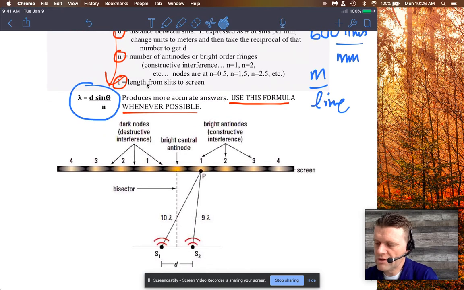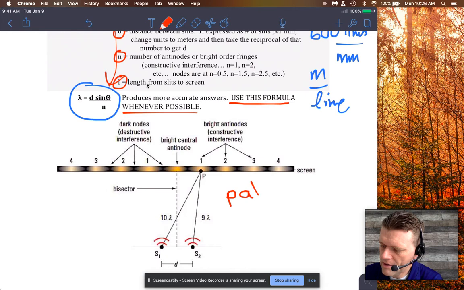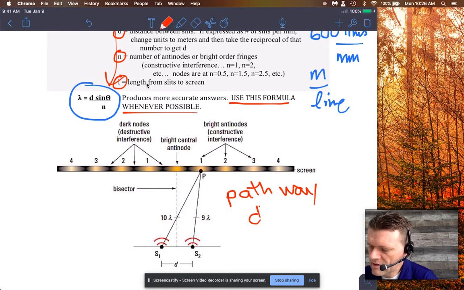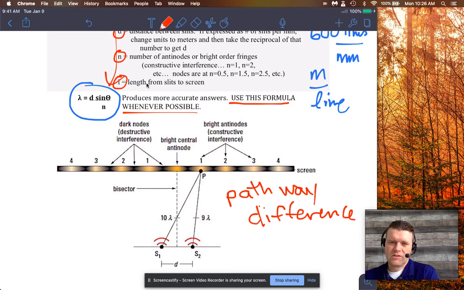This bottom picture is just a reminder of another principle that I should mention because you'll see it on occasion, and that is the idea of pathway difference. Let's define it first.